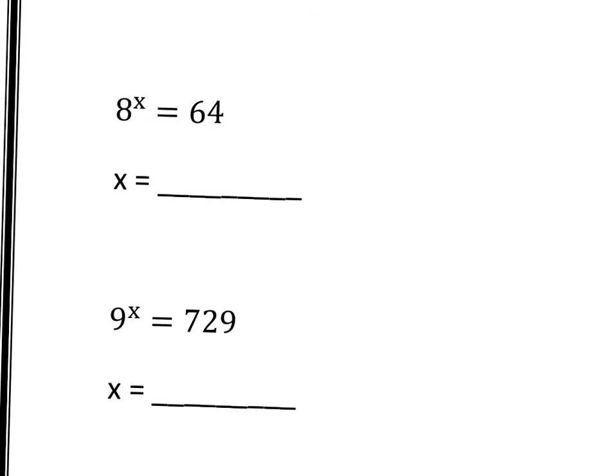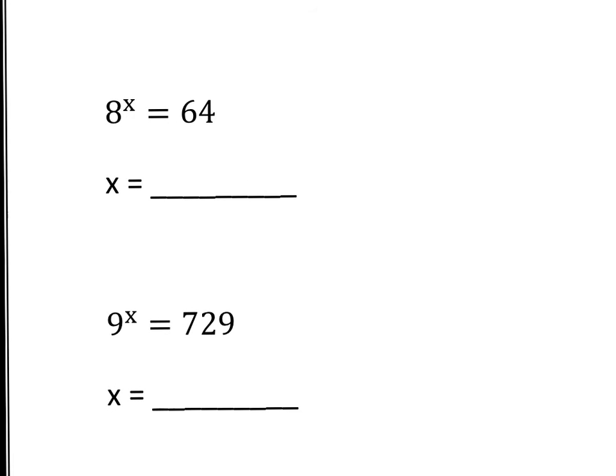Okay, so let's do 8 to the exponent to equal 64. And if you think about that, Dulce, which was your answer? 2. So 8 squared is equal to 64, so x is equal to 2. Awesome. Okay, Hannah Reiser, what did you get for the 9 to the x power? 3.